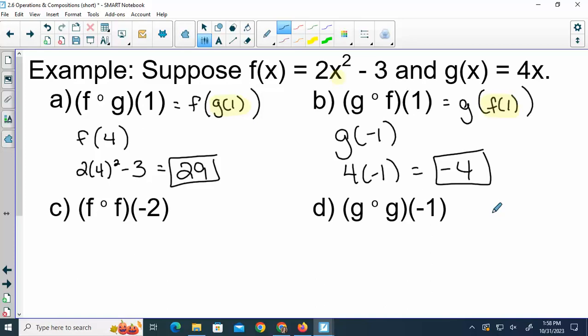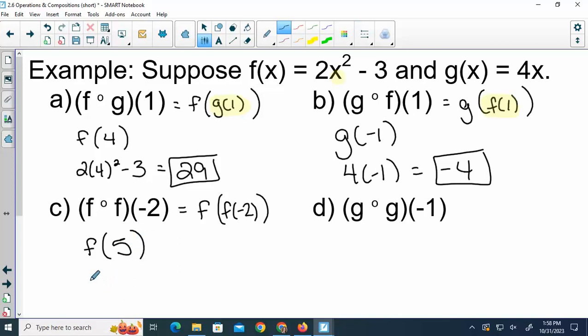It's also possible to do the composition with the same function. You don't have to be putting it into different ones. If I ask for f composed with f of negative 2, you put a negative 2 into function f, so negative 2 squared is 4 times 2 minus 3, so I get 5.